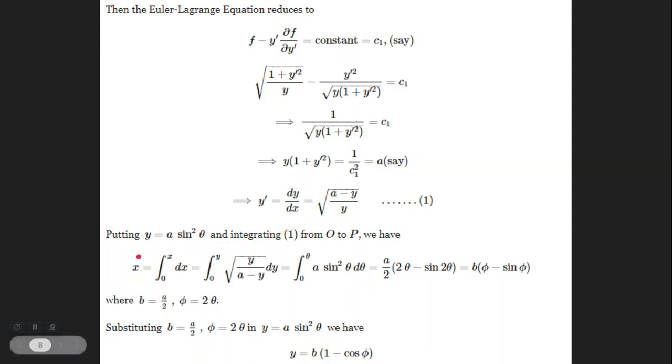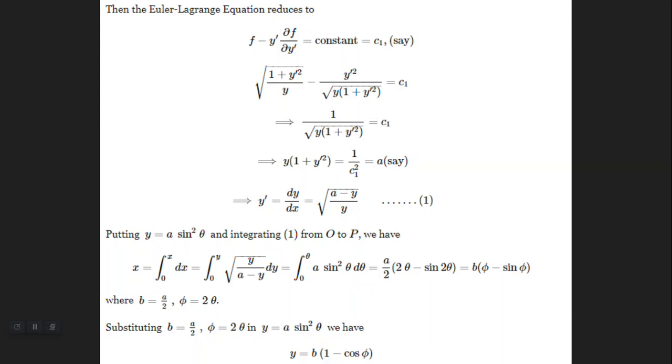So now, in order to solve this integral of dx, we are going to have to take an integral from 0 to y along the y direction of root of y over (a minus y) into dy. If we make a trigonometric substitution, y equal to a sine squared theta, we would actually get that, oh hey, the solution actually is a cycloid, as we saw. It's y equal to a constant times (1 minus cos phi), and x is equal to b times (phi minus sine phi).